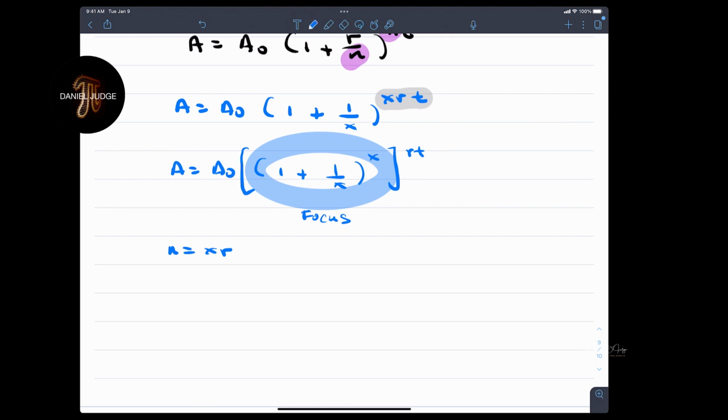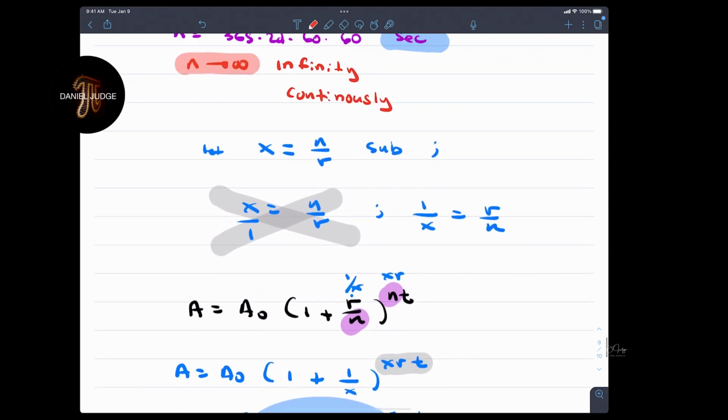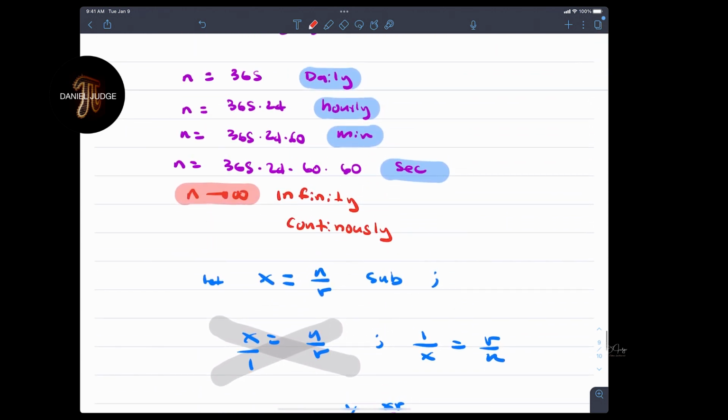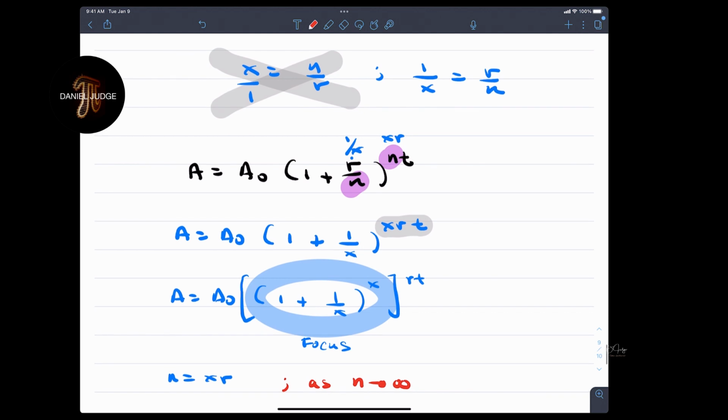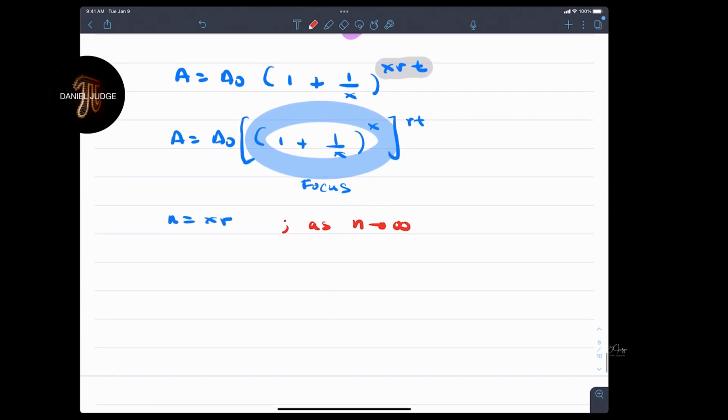So what happens is, as N gets bigger and bigger, like we were describing N here, daily, 365, hourly, 365 times 24, minute, 365 times 24 times 60, these big numbers. Every second, 365 times 24 times 60 times 60. N is getting big. To infinity and beyond.